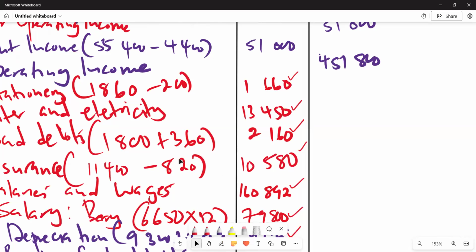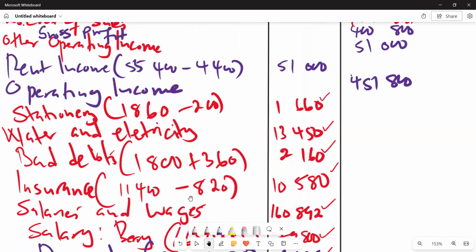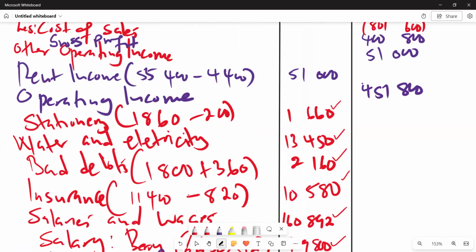So we skipped something there that we have to write in between, just below operating income. We are supposed to say less operating expenses. Less operating expenses was supposed to come here, and this figure is going to come here, indicating our operating expenses.